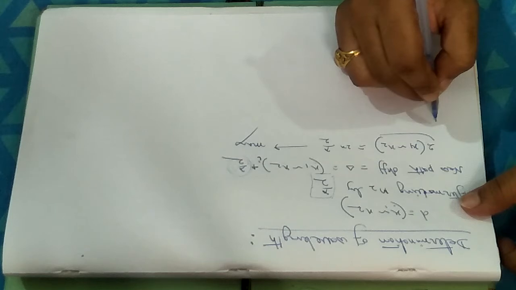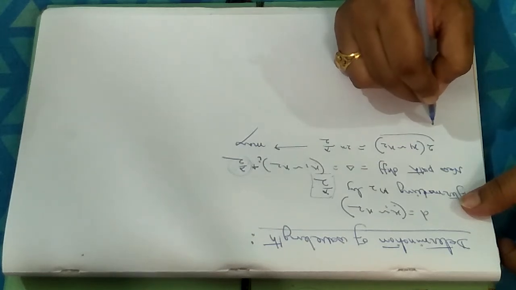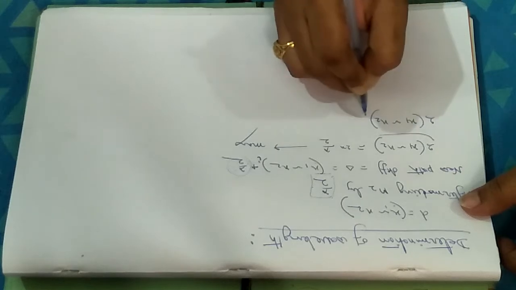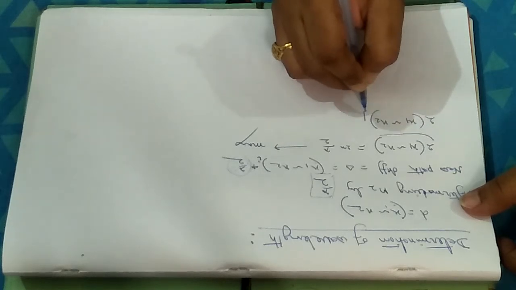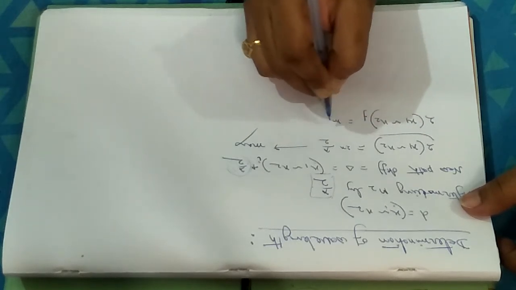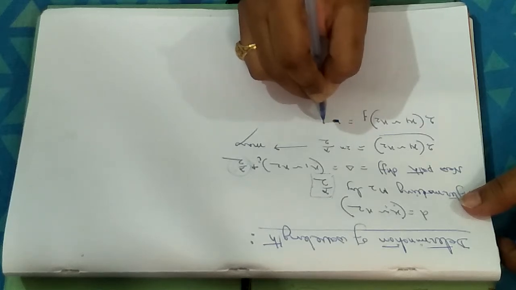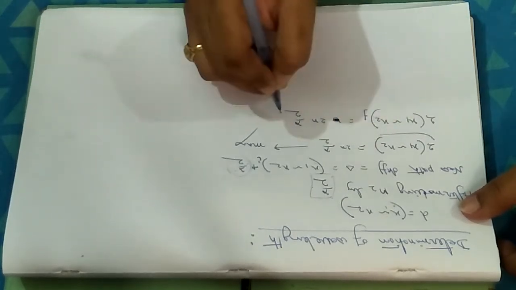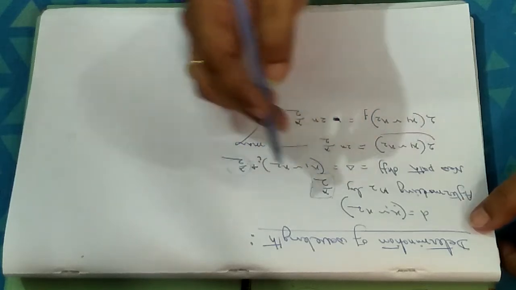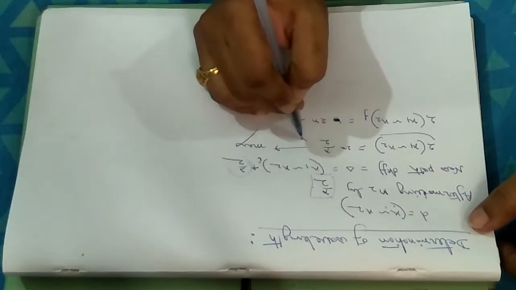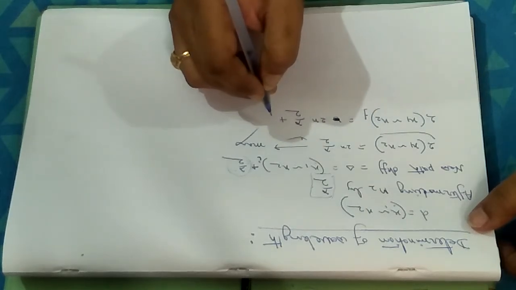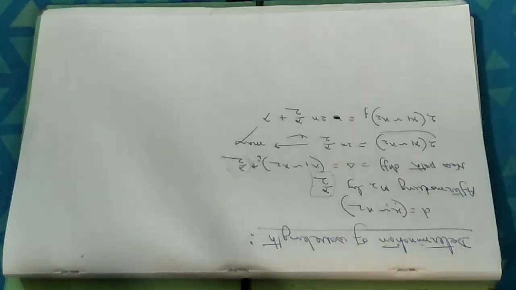So for the final fringe pattern, I can write twice x1 minus x2, this is final, will be equal to twice n into lambda by 2, the previous one what I have already written, plus lambda.